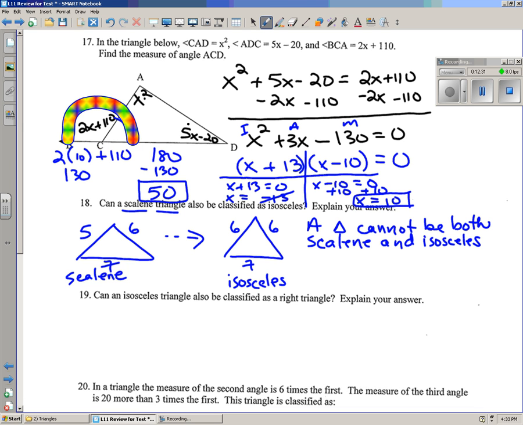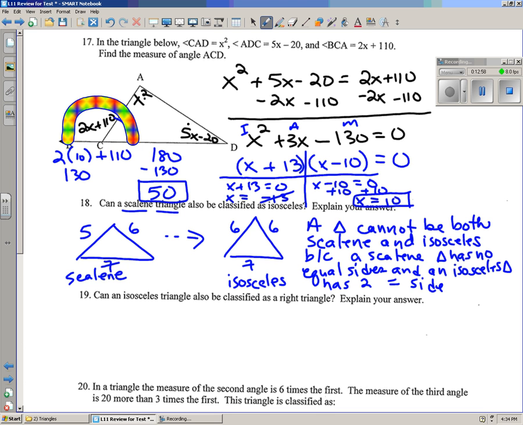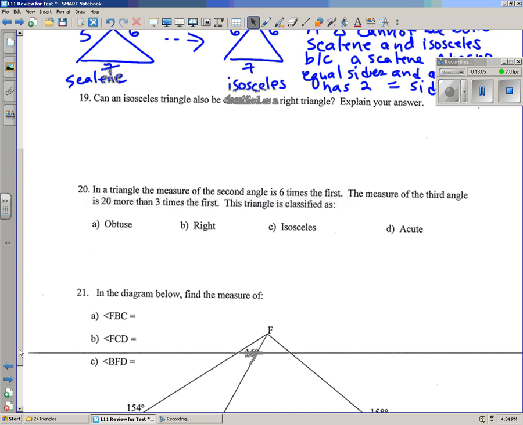You can word this a bunch of different ways, but I'll word it like this, because I'm abbreviating here: because a scalene triangle has no equal sides, and an isosceles triangle has 2 equal sides. And we'd be good. Number 19 says, can an isosceles triangle also be classified as a right triangle?